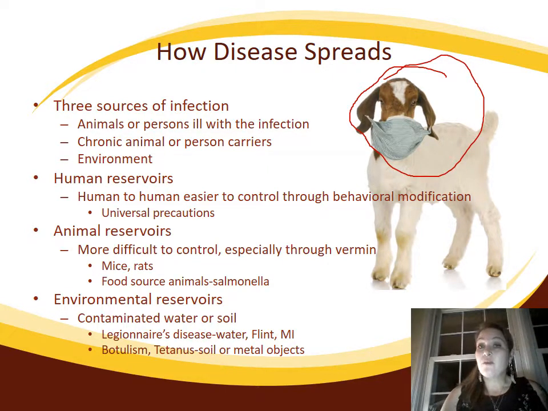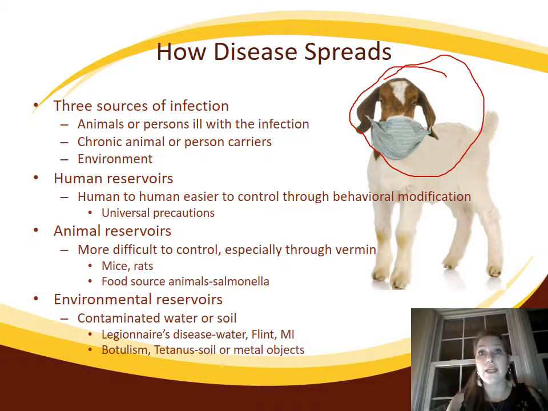There are different types of reservoirs, and we talked about reservoirs a little bit earlier, but let's get a little bit more into this. Human reservoirs. Human to human is easier to control through behavioral modification using universal precautions. We have gone over universal precautions ad nauseum, so I'm not going to take you through all of that again.